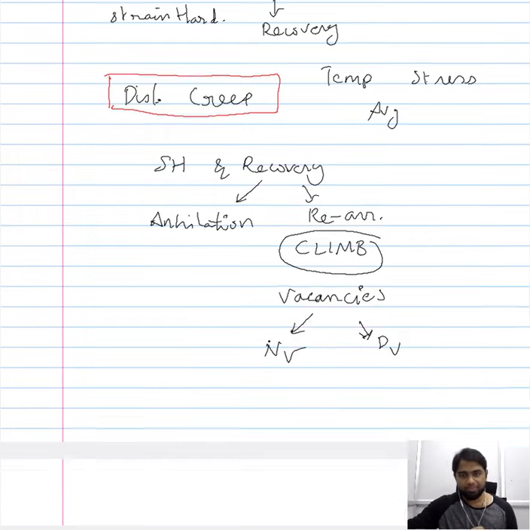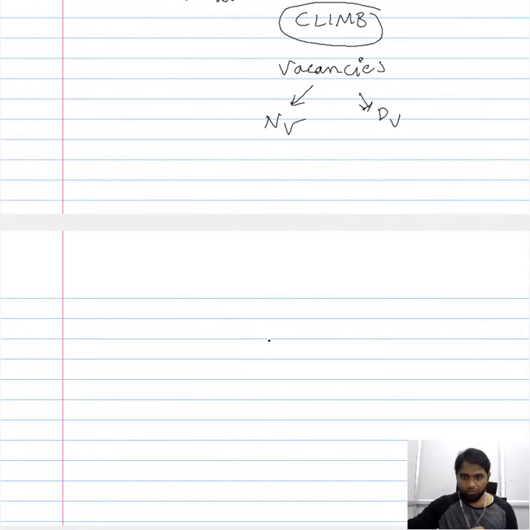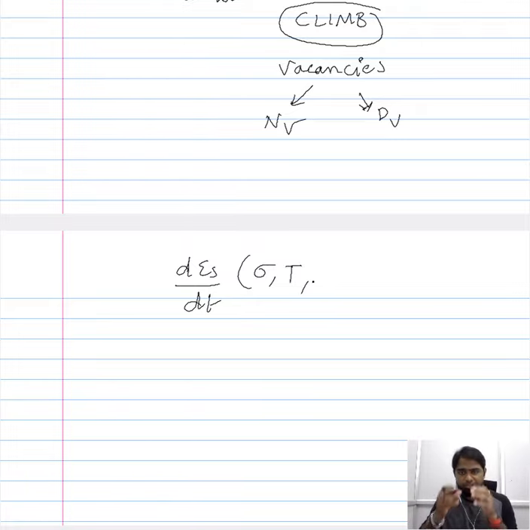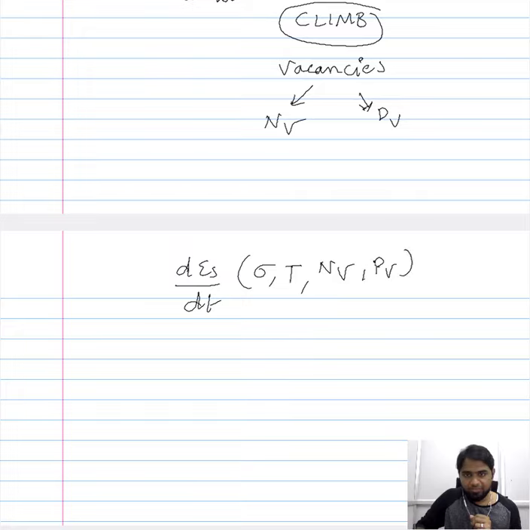Now we arrived at a numerical expression relating the different factors governing the dislocation creep mechanism. So in the dislocation creep mechanism, the factors that govern it include the usual suspects, the usual characterizing features, that is the stress and the temperature, along with the parameters that are associated with vacancies: the number of vacancies and the diffusivity of vacancies.